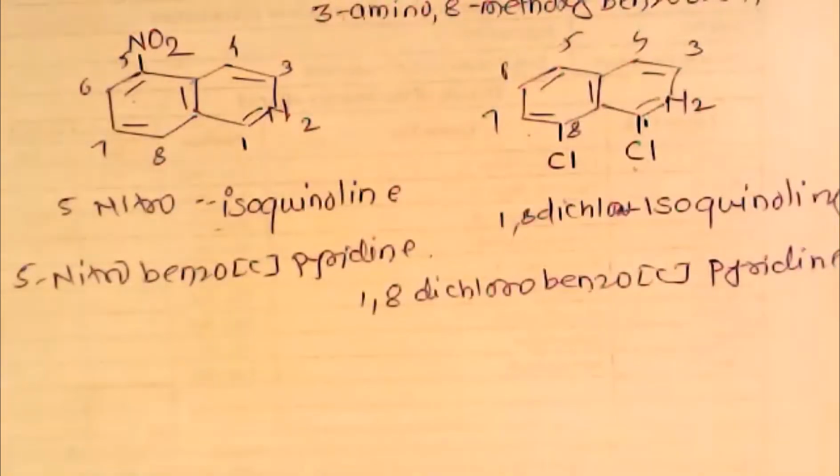Okay, so this is the nomenclature system for the heterocyclic compound. Whether you write quinoline or benzo B pyridine, or isoquinoline or benzo C pyridine, that does not matter, it is not a big issue in this.